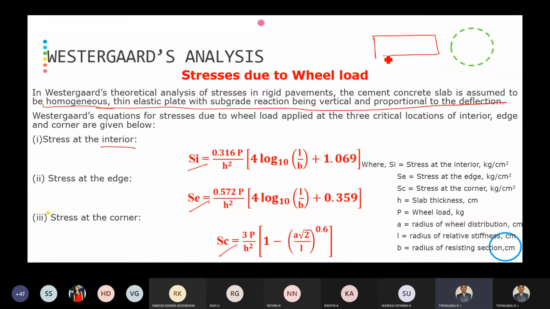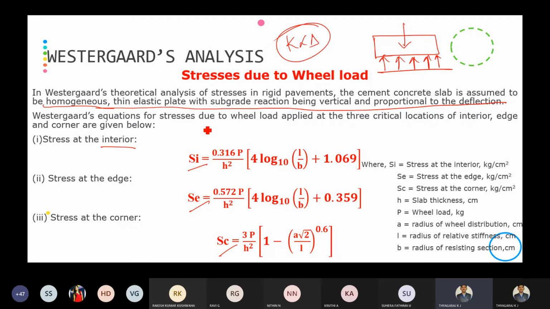So whenever you apply the load on the cement concrete slab, the subgrade reaction will be vertical. The modulus of subgrade reaction K is proportional to deflection.